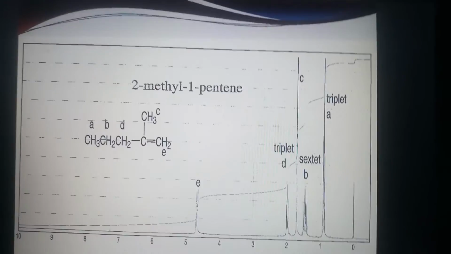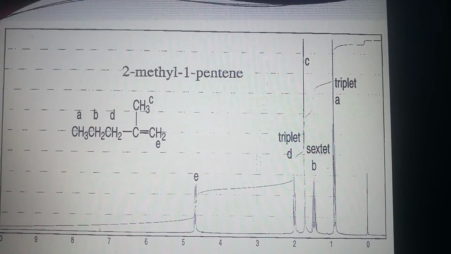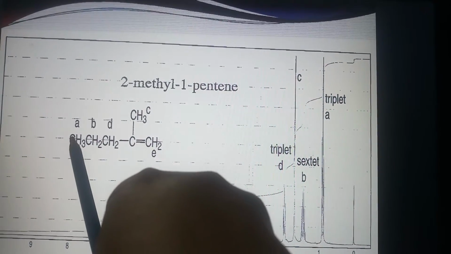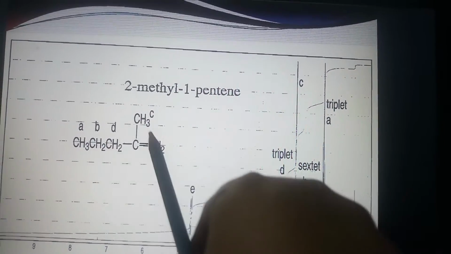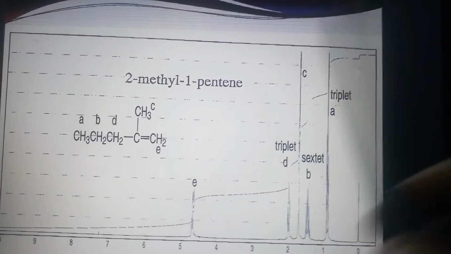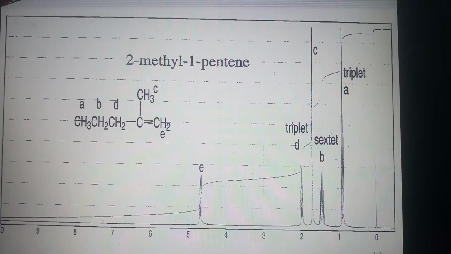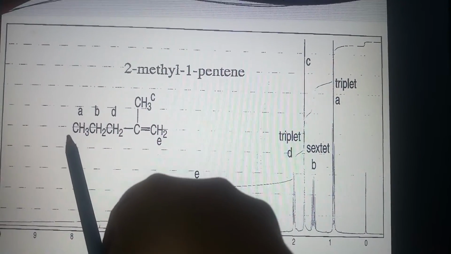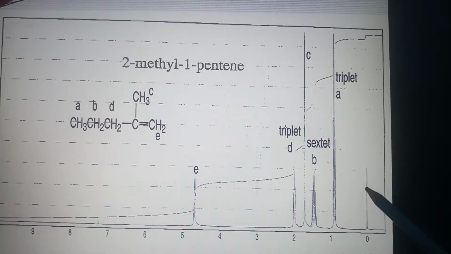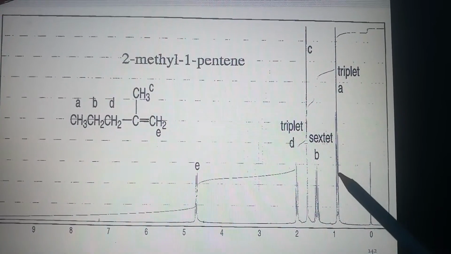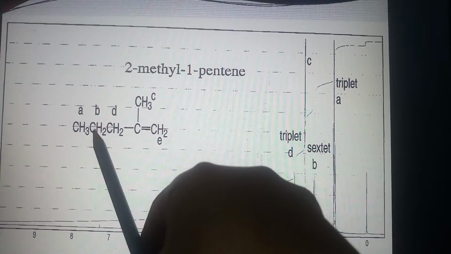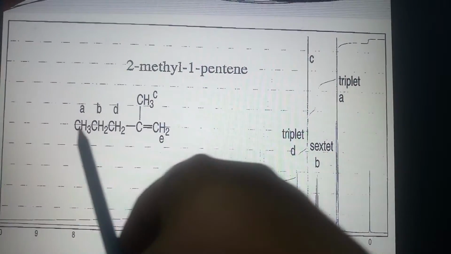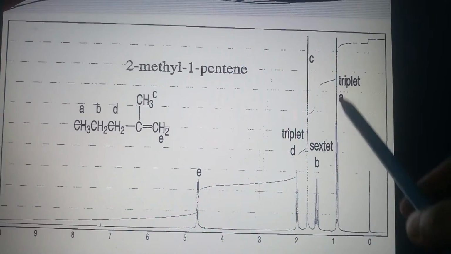For example, 2-methyl-1-pentene: you can see there are 5 types of protons available here. The most upfield proton will be the methyl one, here is the A. In presence of these two protons as its neighbor, it will split into a triplet.